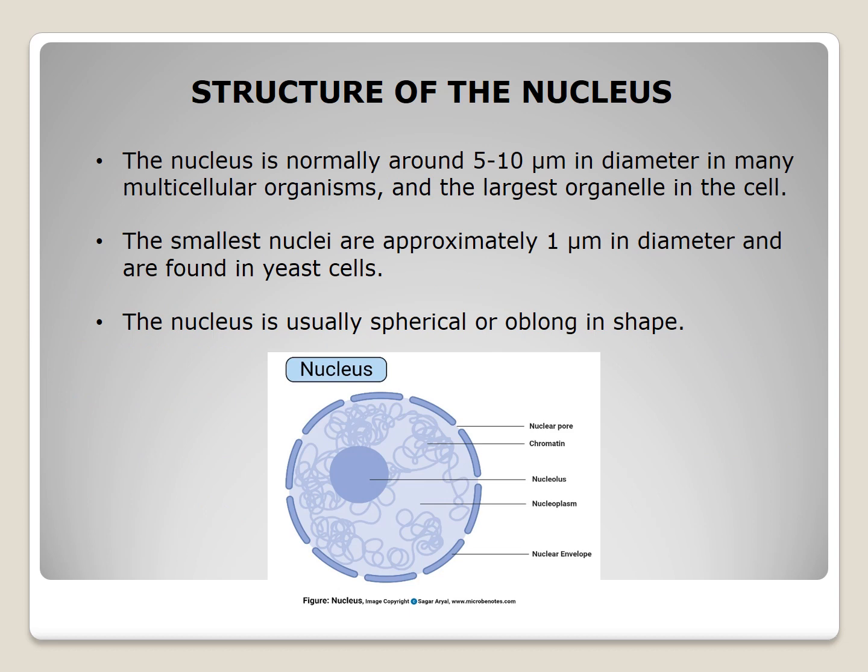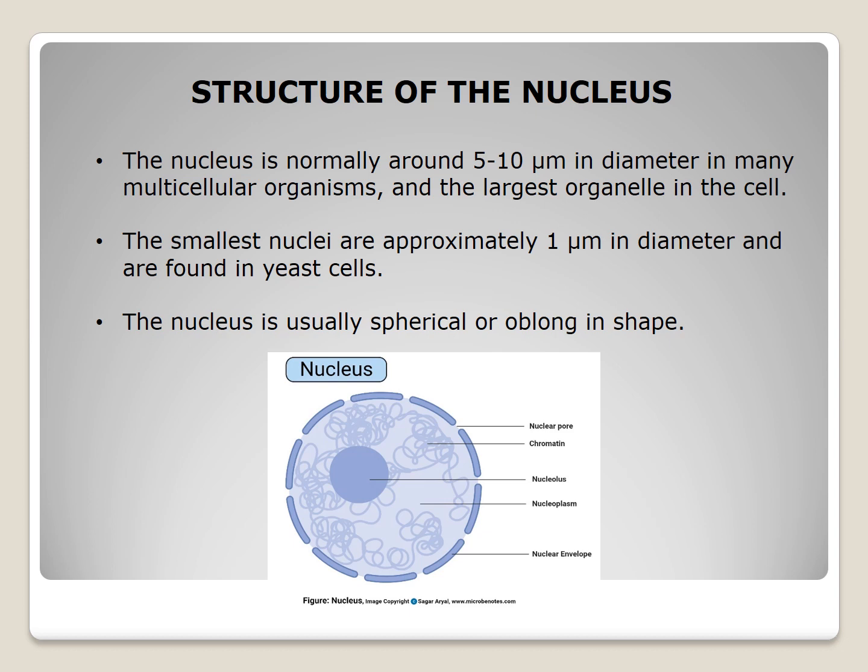Structure of the nucleus. The nucleus is normally around 5 to 10 micrometers in diameter in many multicellular organisms and is the largest organelle in the cell. The smallest nuclei are approximately 1 micrometer in diameter and are found in yeast cells.